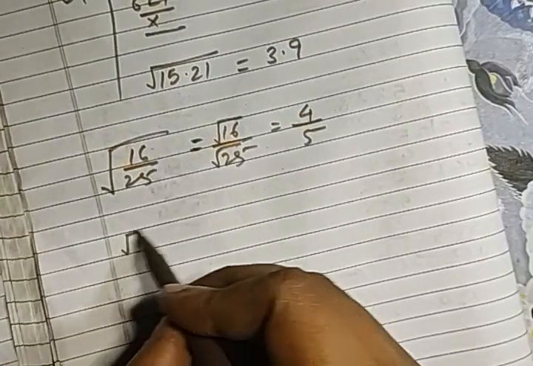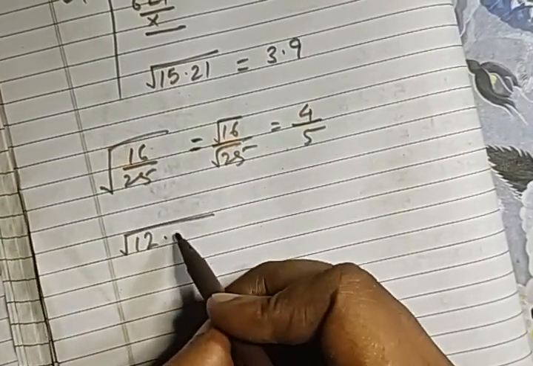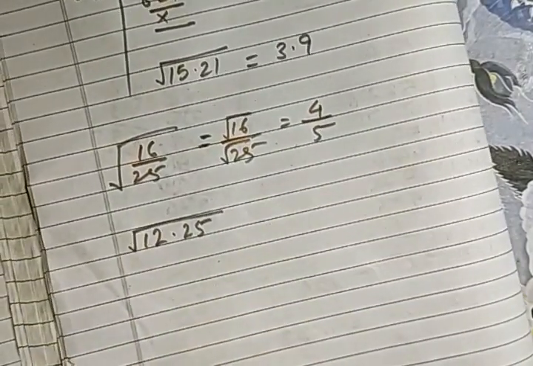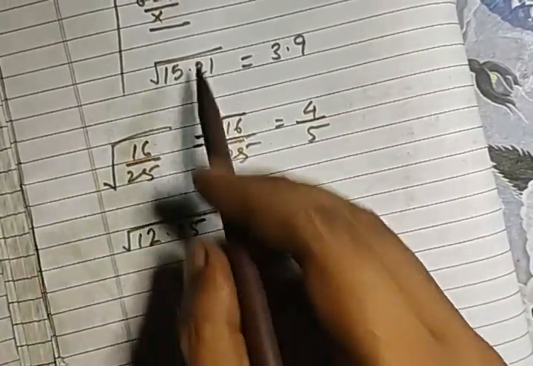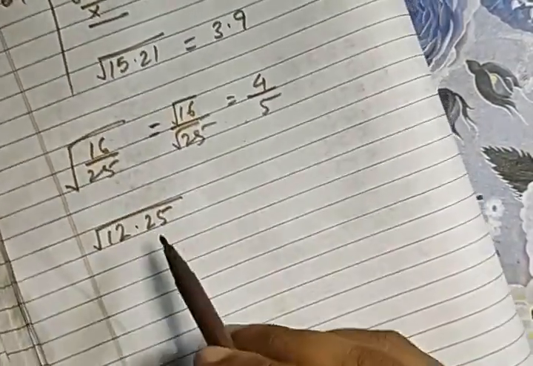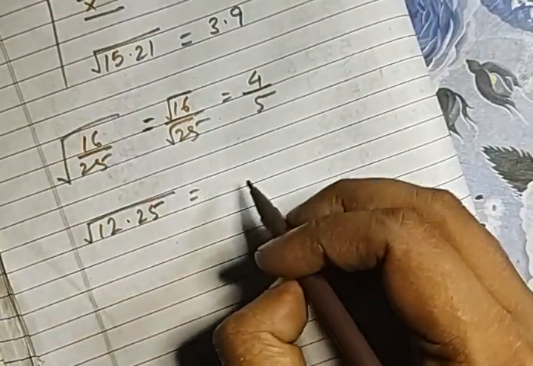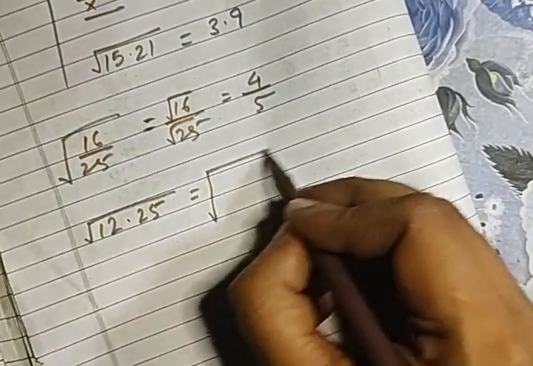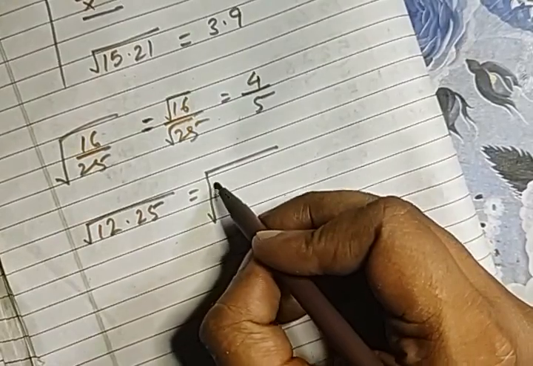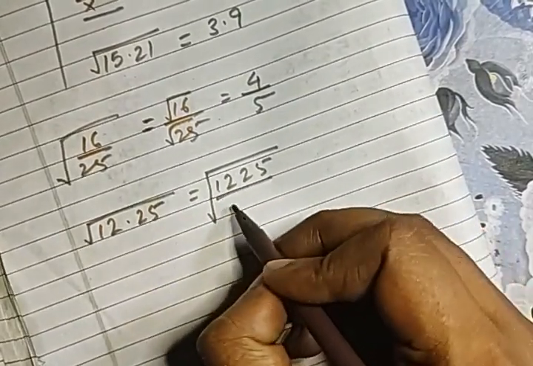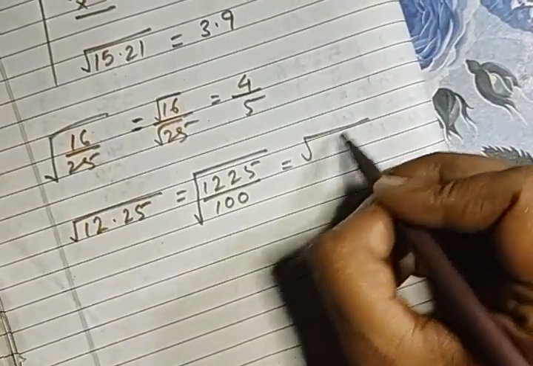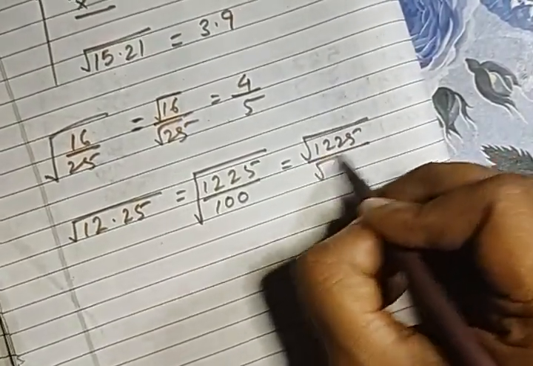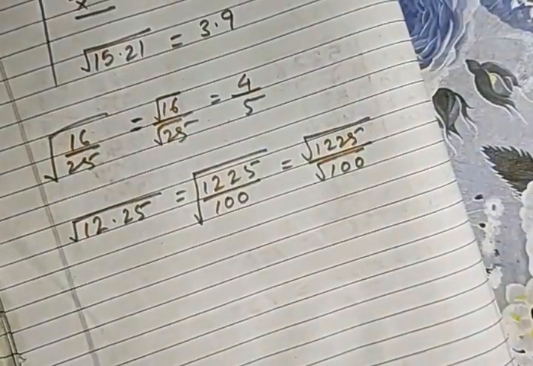Now suppose there is a decimal like this. Decimal means what? Decimal means we know that it is a fraction only. So we can write it in this way also. If you don't want to do it like this, you can do it like this also. See. So root over 12.25. So 1225 I can write divided by 2 zeros, so 100. So that means root over 1225 divided by root over 100 I can write.